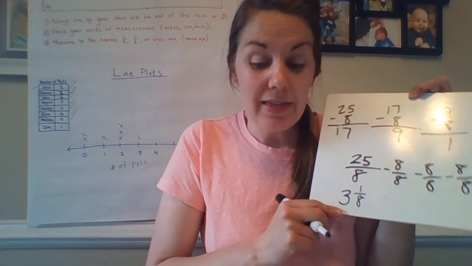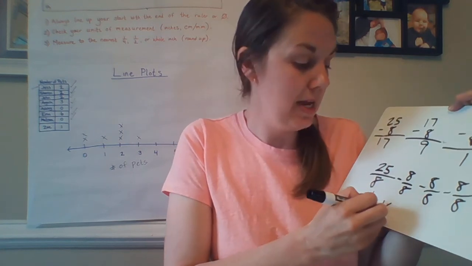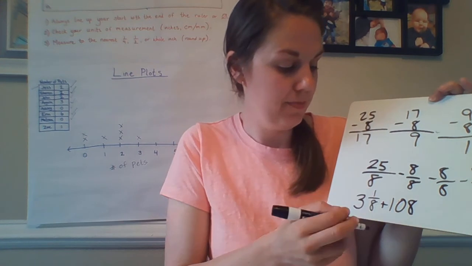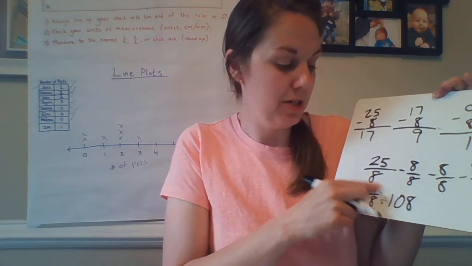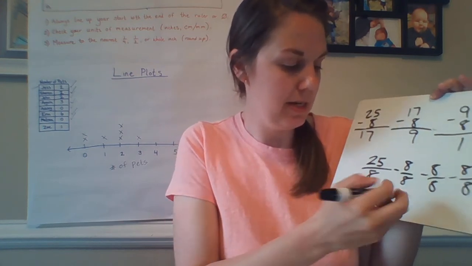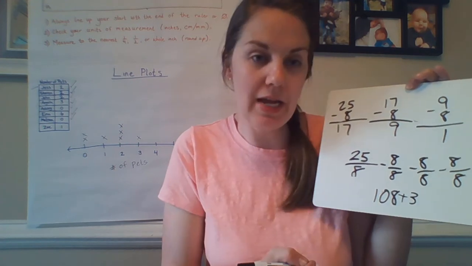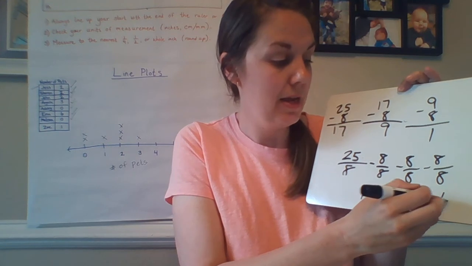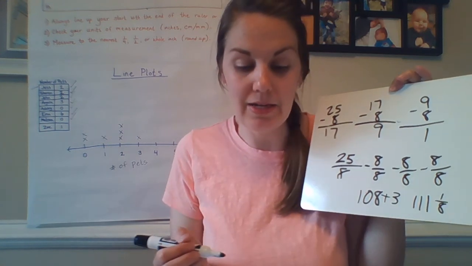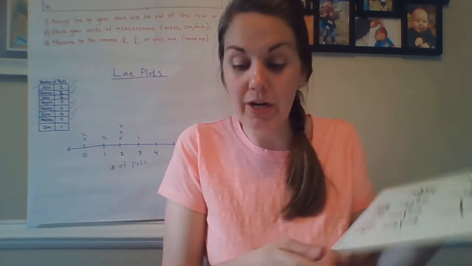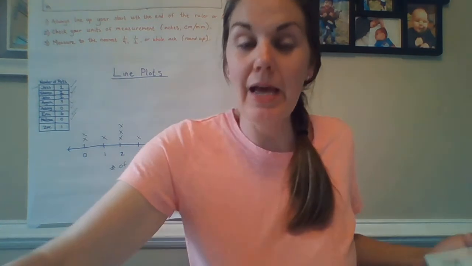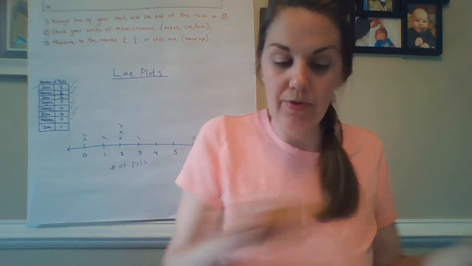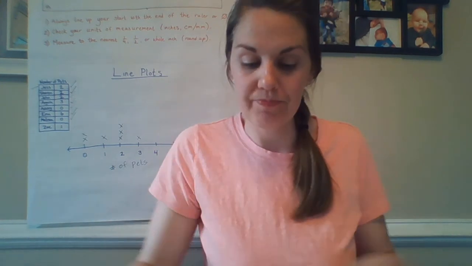So I'm going to take that and add that to the 108 wholes that I already have. I'm going to flip these around because it makes it easier for me to think of as 108 plus 3. That would be 111, and I would still have 1/8 at the end. So you would have a total of 111 and 1/8 inches for the length of Sophia's quilt.